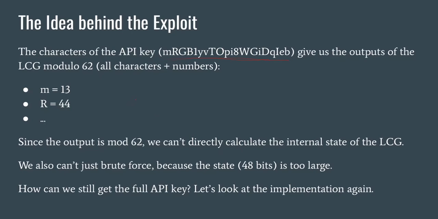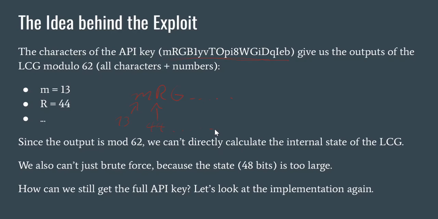Oh, it's MRG, and because we know they use RandomStringUtils, we know that the output of the random number generator was 13, 44, and so on and so forth.